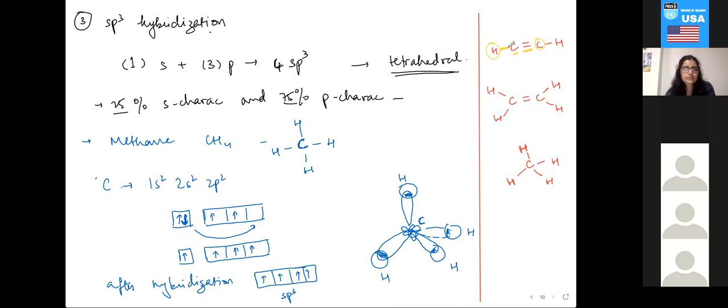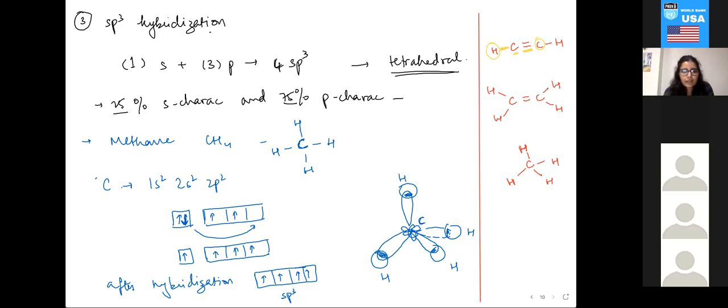It bonded with 2 different atoms. So how many hybrid orbitals will this carbon need? Kaveri, are you there?